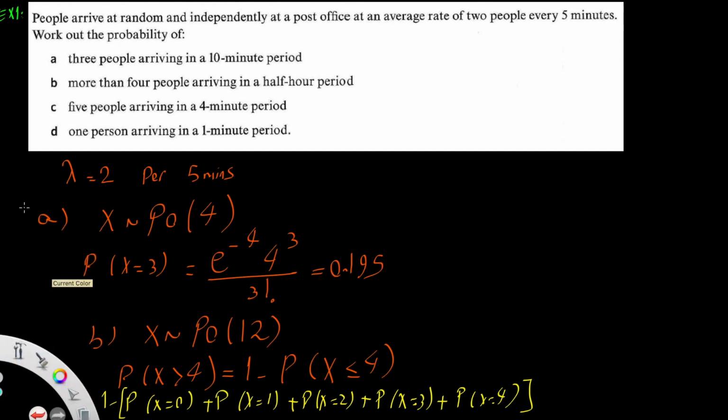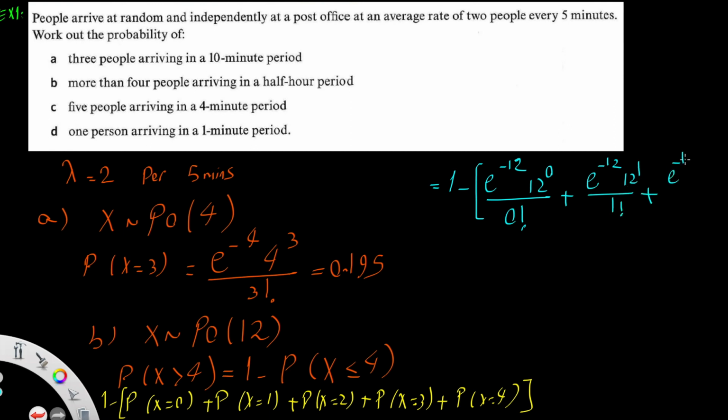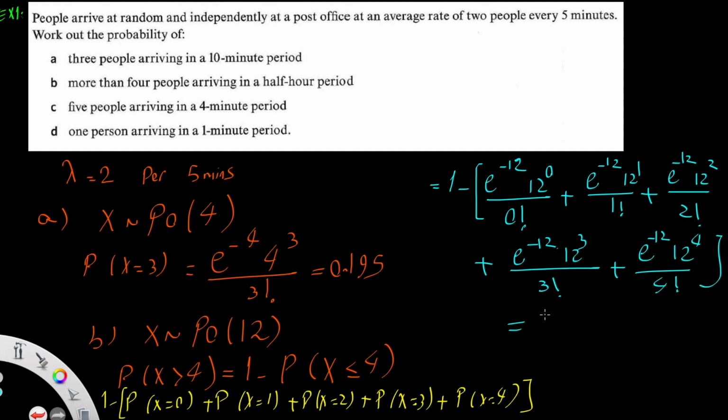Now it will be 1 minus, where lambda is 12, e to the power of negative 12, 12 to the power of 0 over 0 factorial, plus e to the power of minus 12, 12 to the power of 1 over 1 factorial, plus e to the power of minus 12, 12 to the power of 2 over 2 factorial, plus e to the power of minus 12, 12 to the power of 3 over 3 factorial, and the last one e to the power of minus 12, 12 to the power of 4 over 4 factorial, which will be equal to, at the end, 0.992.